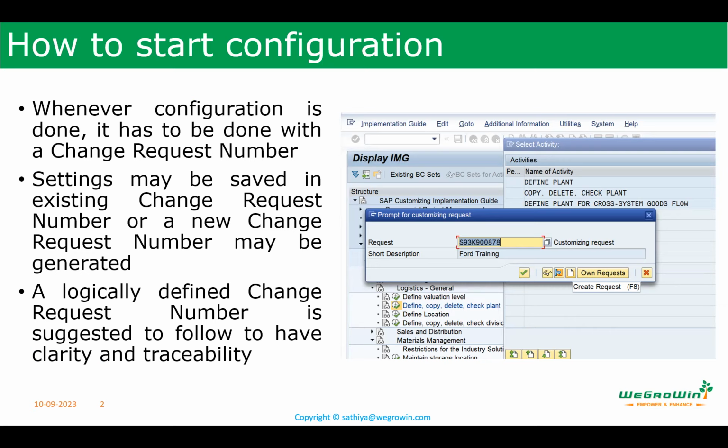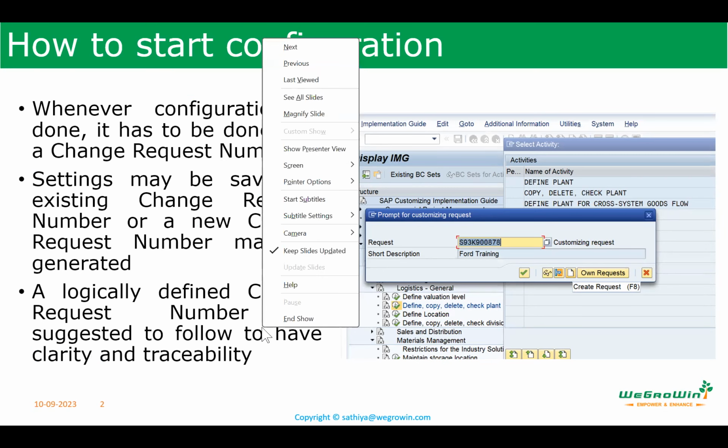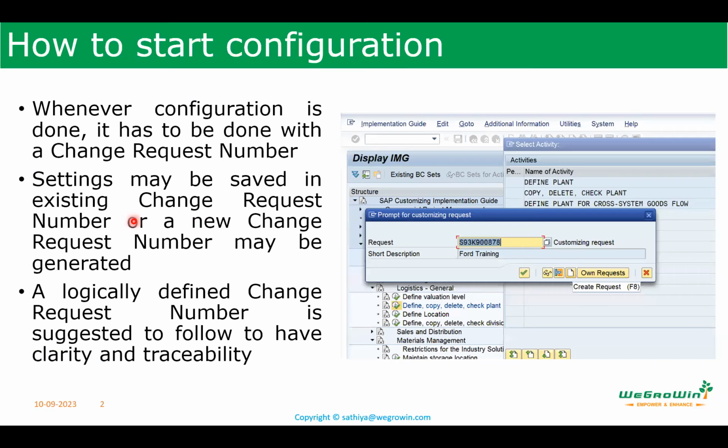Whenever we do any configuration, it will be saved with a change request number. The change request number has to be defined with some proper logic. Then only we'll be able to identify which project or which change request this configuration was done for. That's very important.